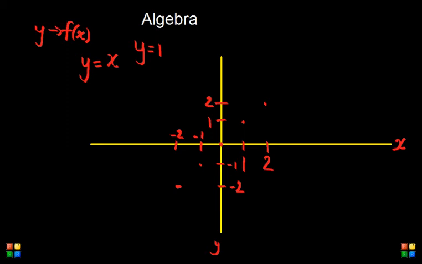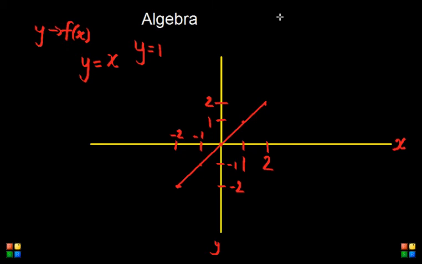Now, what do these dots mean? Well, it doesn't mean anything really until you add a line. This line represents the dots, connecting the dots. It covers every possible x value and the resulting y value.